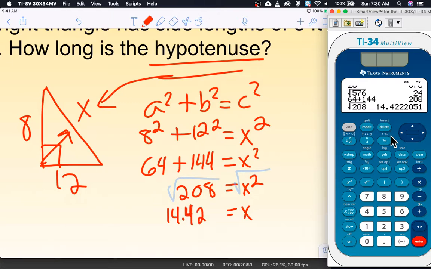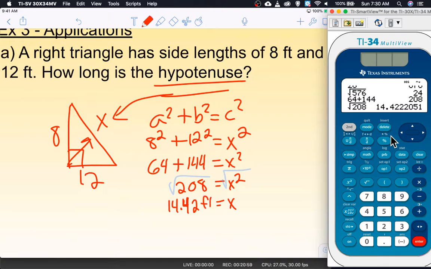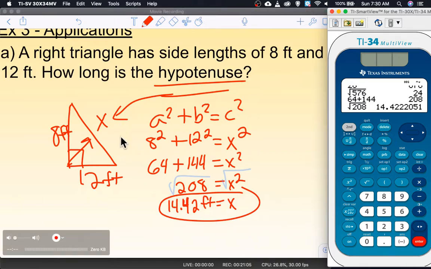I like just the hundredths place. And was there a label? Feet. So our hypotenuse was 14.42 feet. And looking at the picture, that makes sense because that's the longest side, and that number is bigger than the other numbers.